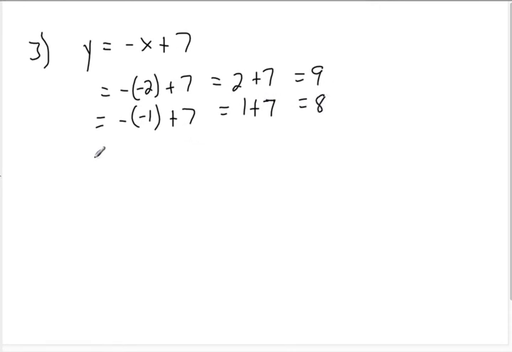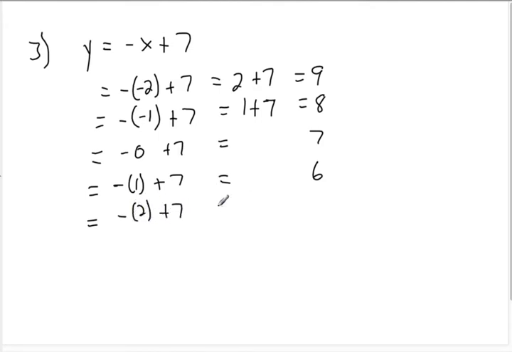And as you can see, we are subtracting 1 each time here. So we have -0 plus 7 equals 7. And now when it's 1, now we do actually do -1, so it's -1 plus 7 is 6. And then we have -2 plus 7 is 5.